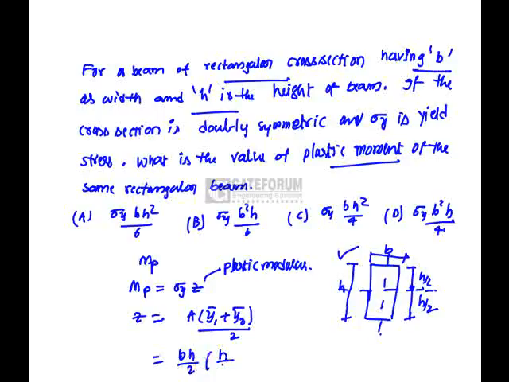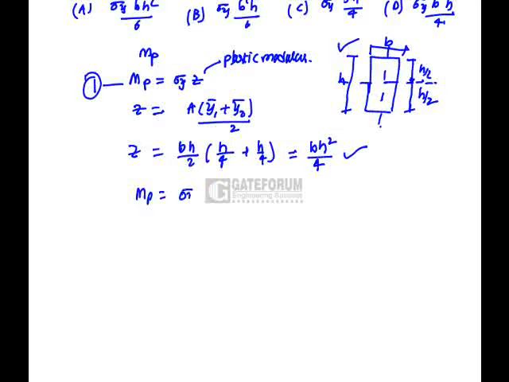From the center, the centroid distance is h by 2 by 2, that is h by 4 plus h by 4. That is equal to BH square by 4. By substituting this value in the equation 1, MP is equal to sigma y, z is BH square by 4. So option C is correct.